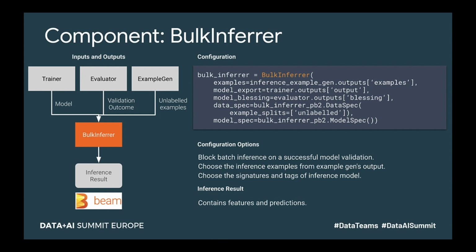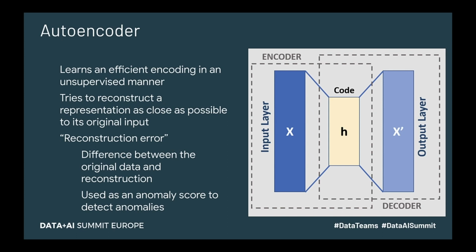The example that we're looking at is an autoencoder. And in this case, we're using an autoencoder with reconstruction error to do anomaly detection. So an autoencoder looks at learning the data and being able to reconstruct the data.